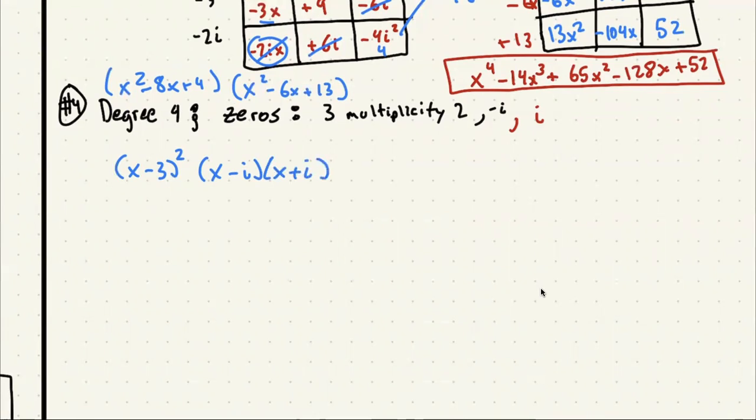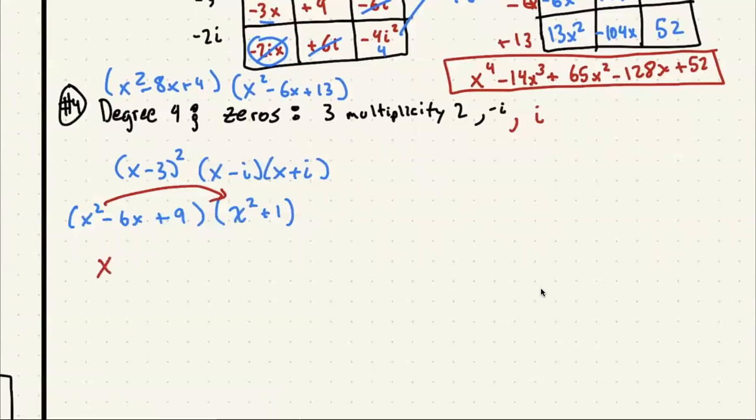Okay. Here's a cool fact. You should remember this. This is technically a difference of squares, but you should know that this becomes x squared plus 1. And then we know that x minus 3 squared is going to be x squared minus 6x plus 9. Okay. And then we're just going to distribute the good old fashioned way.